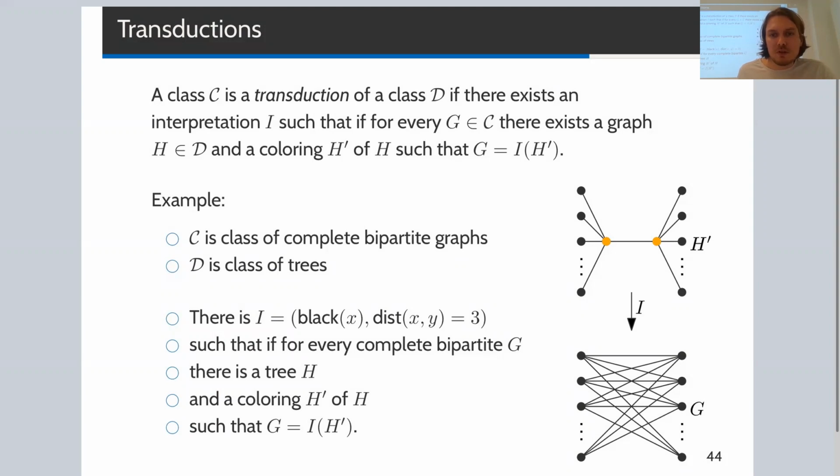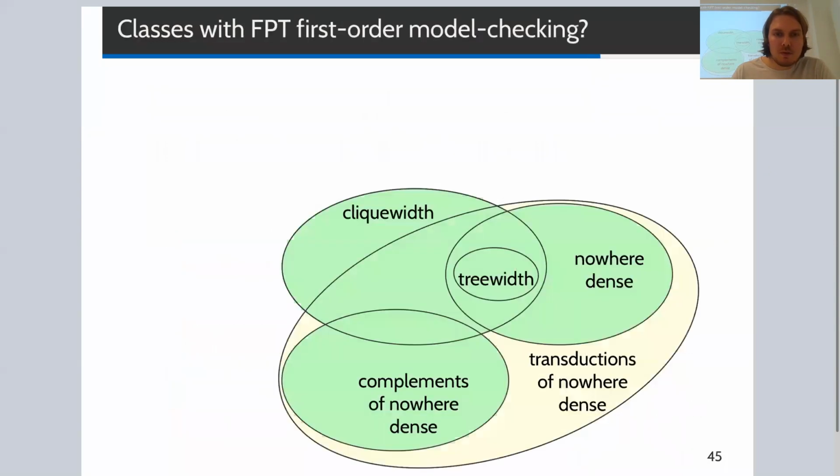And that G is an interpretation of H prime is something that we discussed already. Okay, so here we have an example of how a transduction can map one graph class to another graph class. And with this notion, we have formally defined transductions of nowhere dense graph classes. So a transduction of a nowhere dense graph class is basically everything that can be derived from a nowhere dense graph class by coloring the graphs and then applying a fixed formula interpretation.